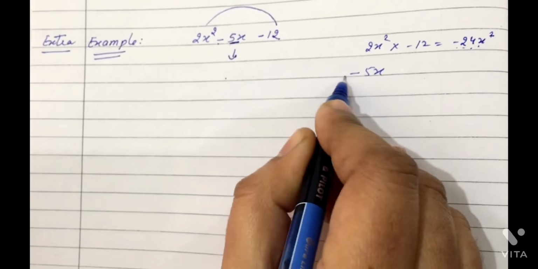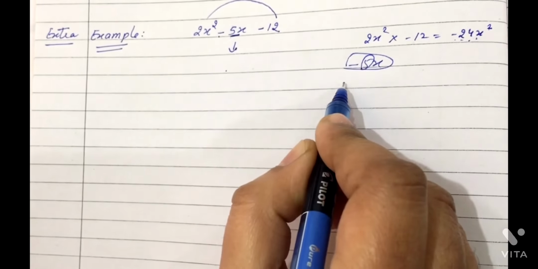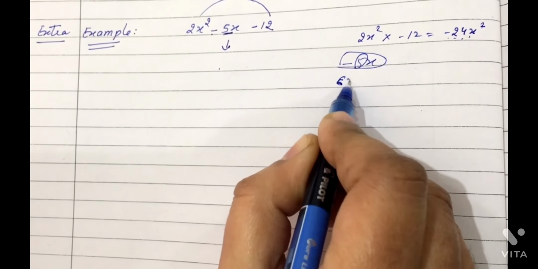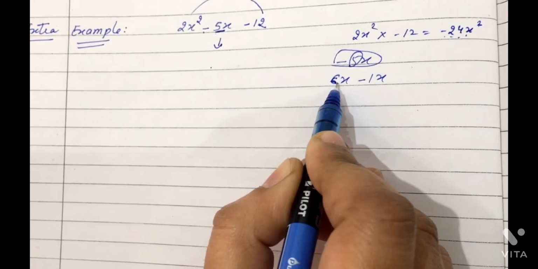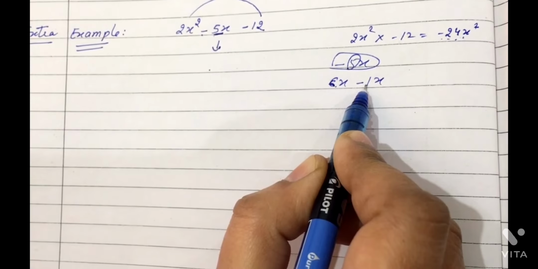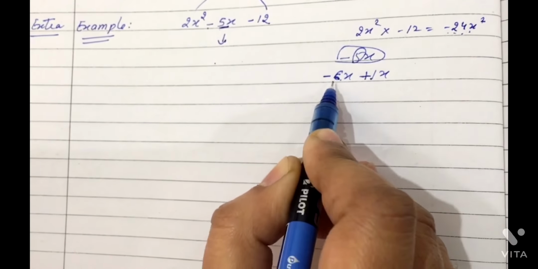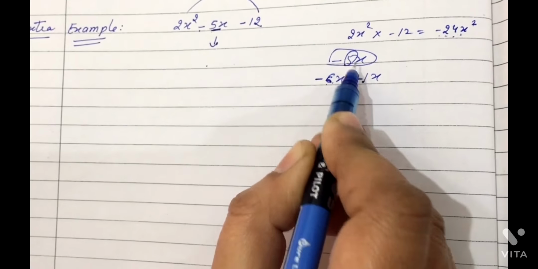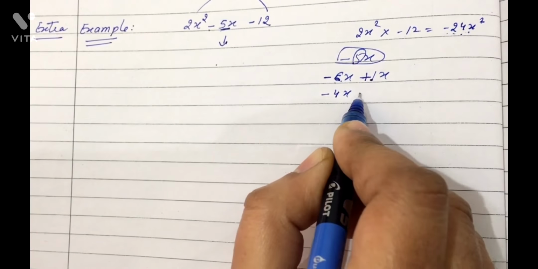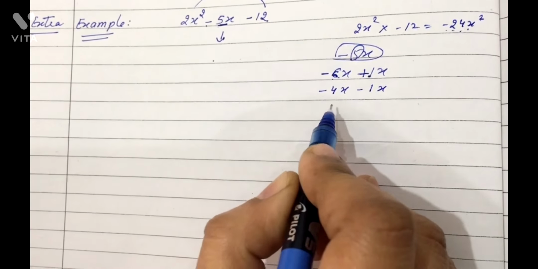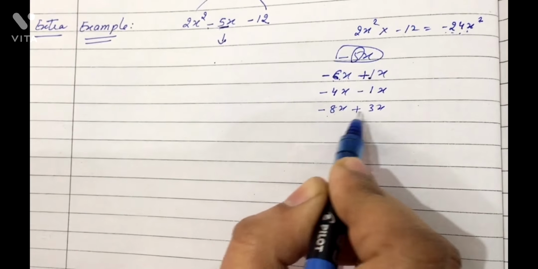How will we get the combination? 6x minus 1x gives you 5, but we need minus 5, so we will write here minus and here plus. So minus 6 plus 1 gives you minus 5, minus 4 minus 1 gives you minus 5, minus 8x plus 3x gives you minus 5.